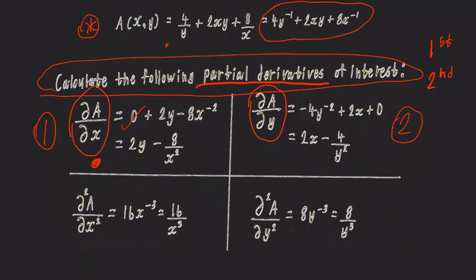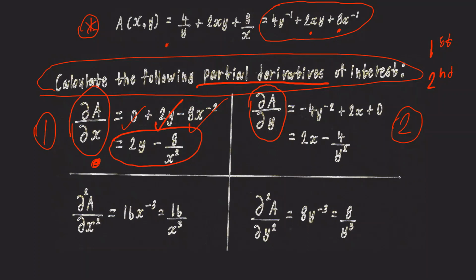And differentiating x with respect to x, that's just 1, so the only thing remaining is the constant, which is 2y, so we have 2y here. And then finally 8x to the power -1, differentiating that is pretty straightforward. You don't really need to even know anything about partial derivatives for that part, so it's just 8x to the power -2, and then this is pretty much 2y minus 8 on x squared.